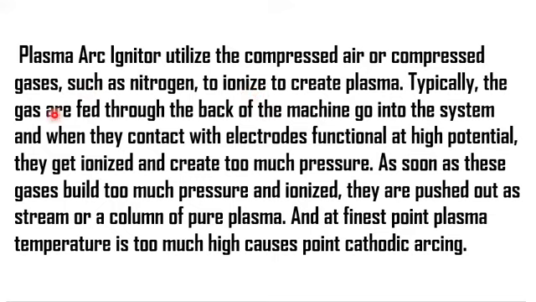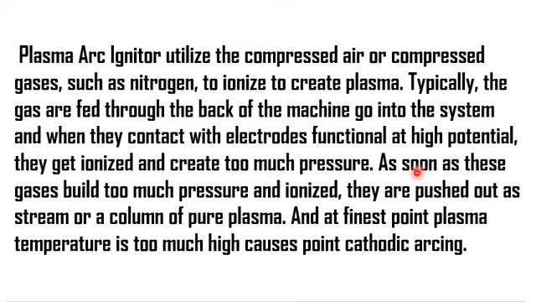Typically, the gases are fed through the back of the machine, go into the system, and when they come in contact with an electrode functioning at high potential, they get ionized and create too much pressure.